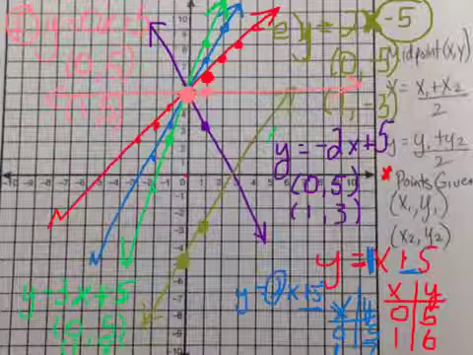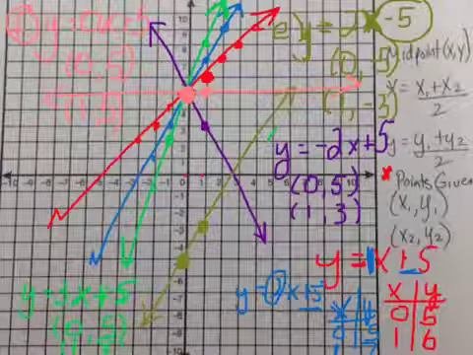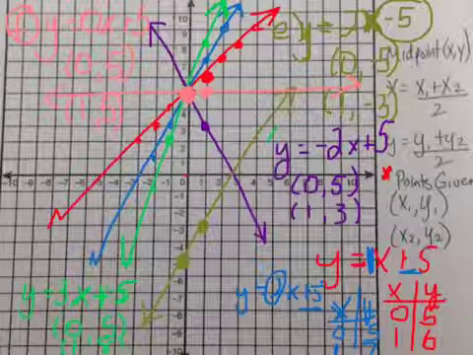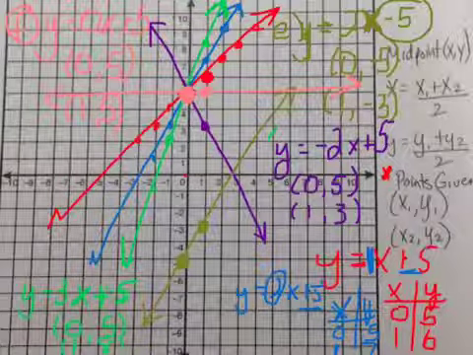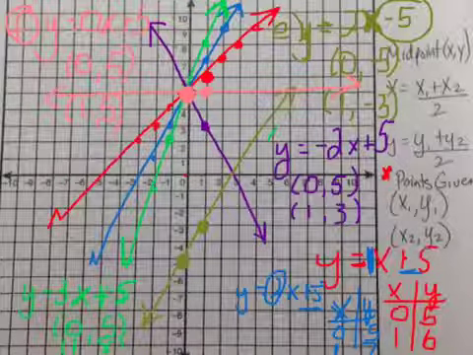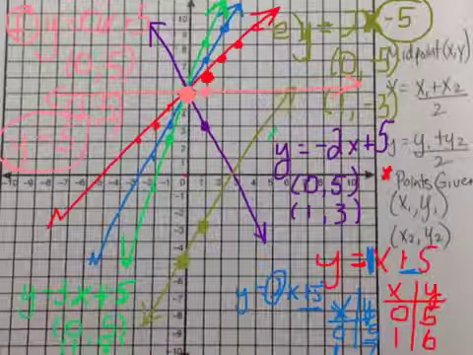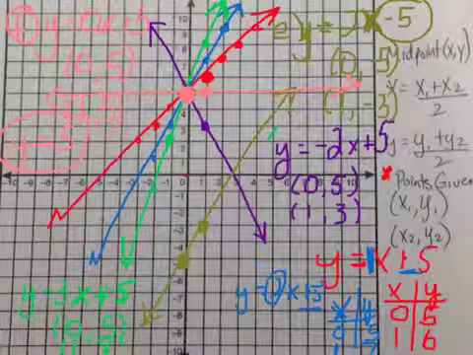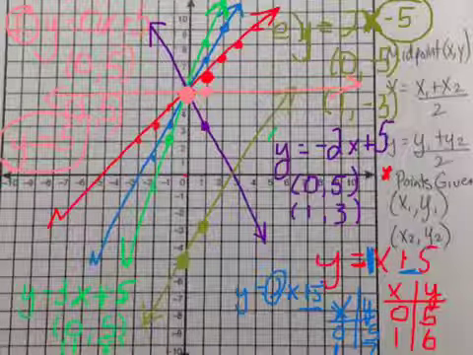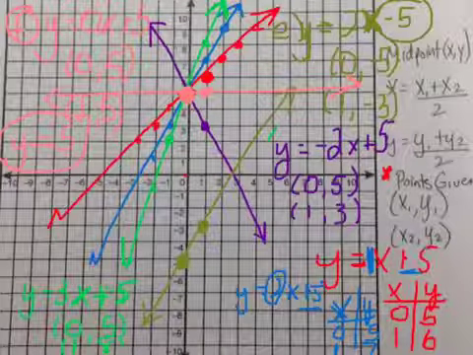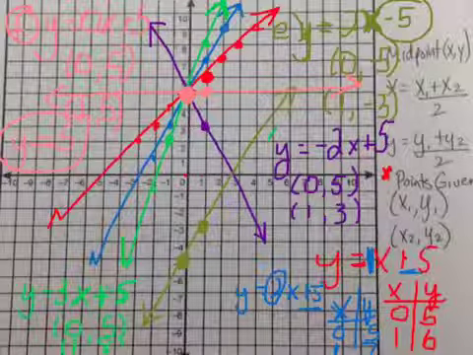Would we normally write 0x plus 5? Would the lazy mathematician write 0x plus 5? No, you just write y equals 5. That's why those equations look that way. We could write them in slope-intercept form like that and put a 0 out front, and sometimes we wish we did because it would help us see that the slope is 0 there.